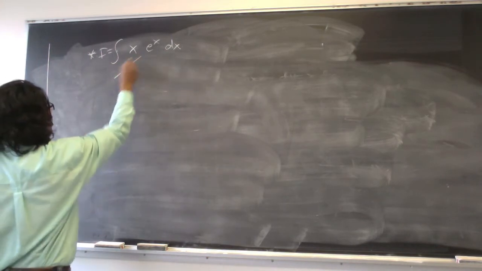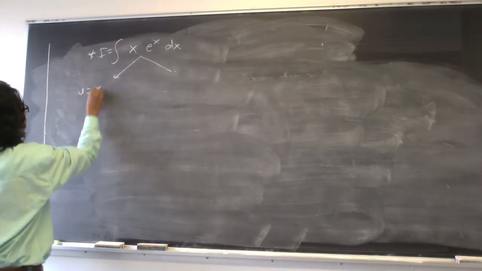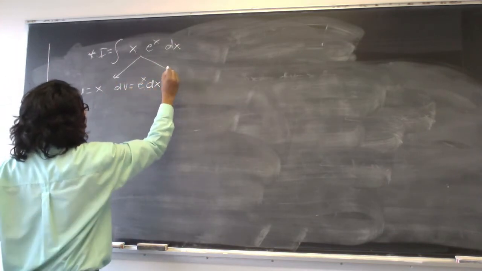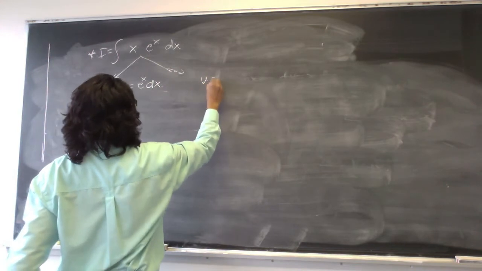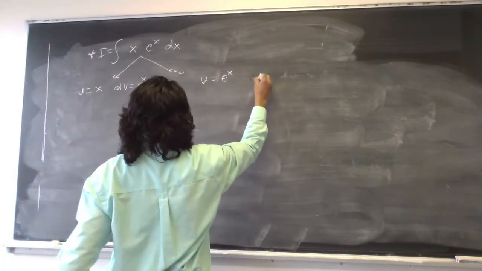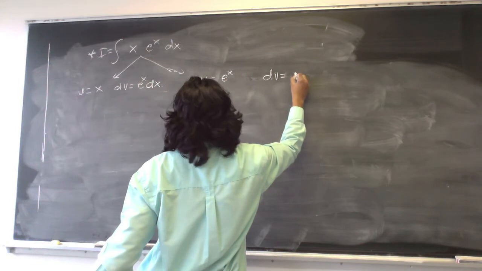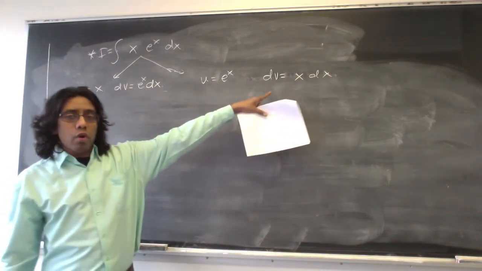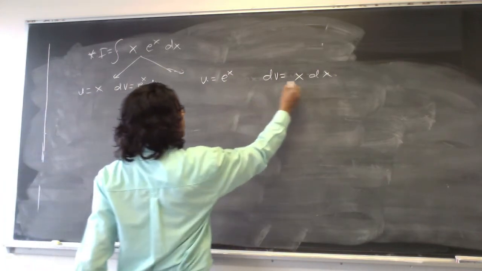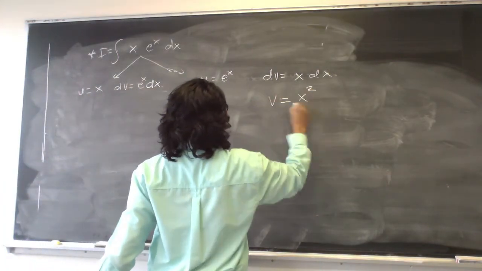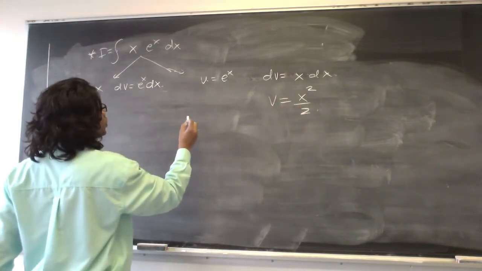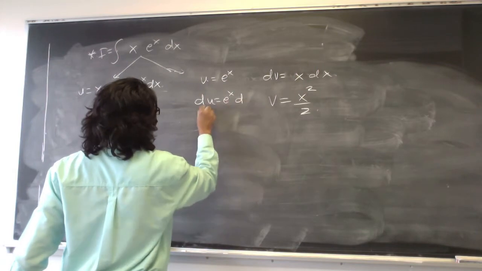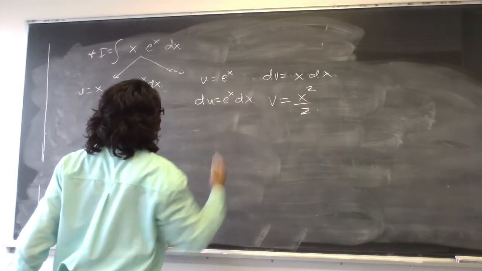Either you can say that u is equal to x and dv equals e to the power of x dx, or the next choice is u is equal to e to the power of x and dv is equal to x dx. Again observe, if you follow this path, dv is equal to x dx, v becomes x squared over 2, and then ultimately you will end up multiplying that with du, which is e to the power x dx.